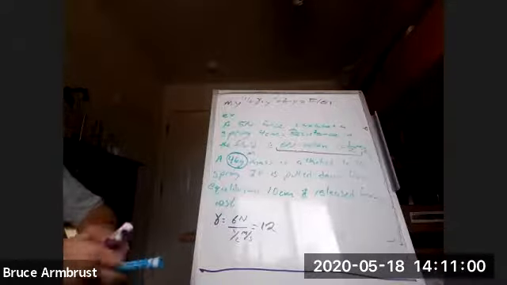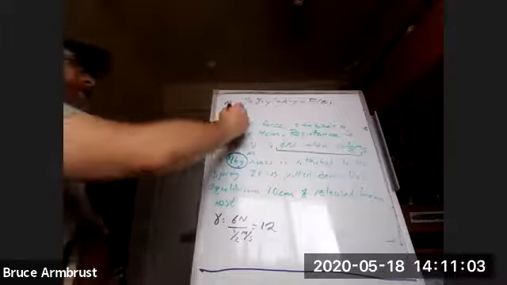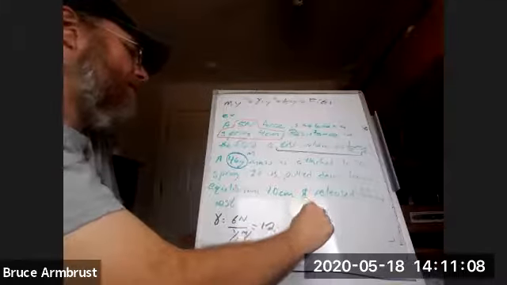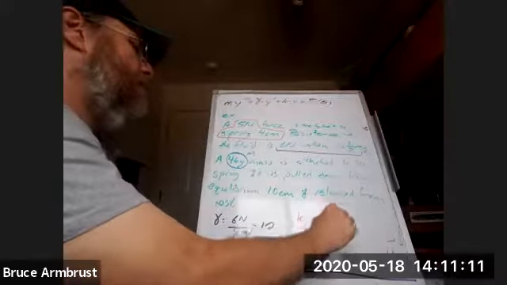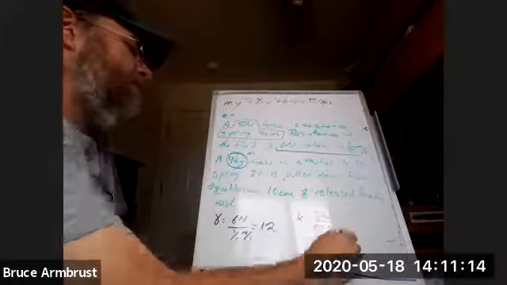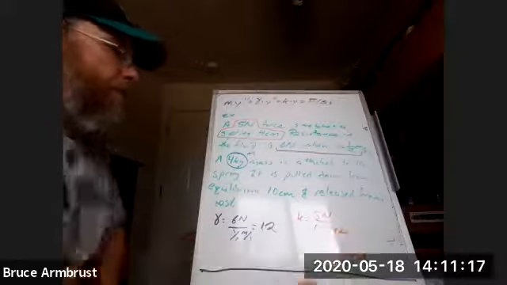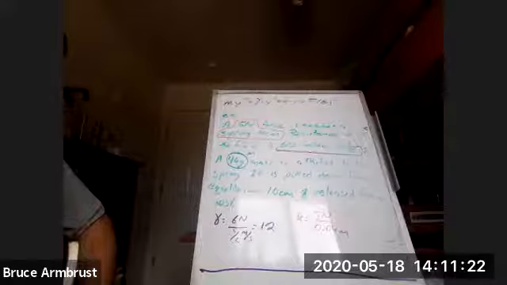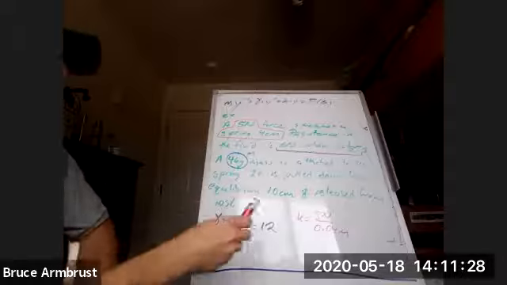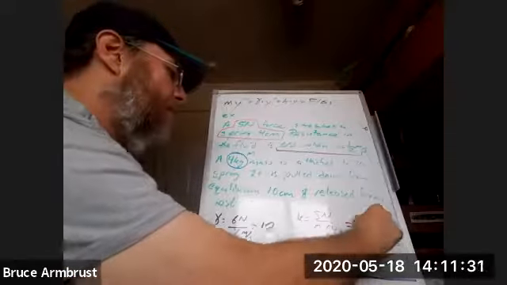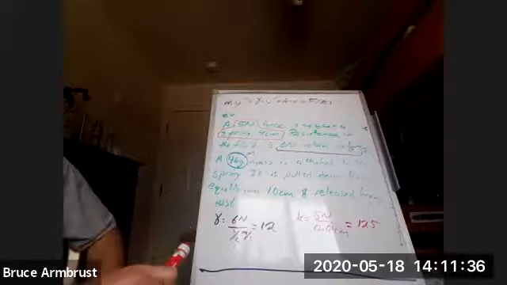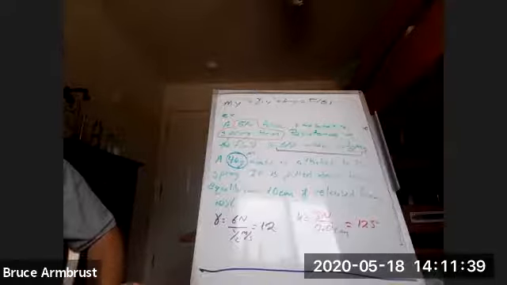So then we also have to find K, and this is going to come into play. Because again, we know that K is equal to the force divided by the distance. So I'm going to convert that to meters. 4 centimeters is 0.04 meters. And that should end up giving me 125, and those are kilograms per square second.